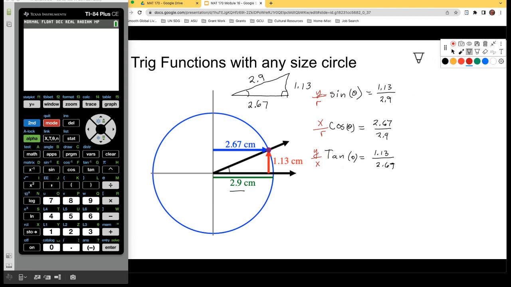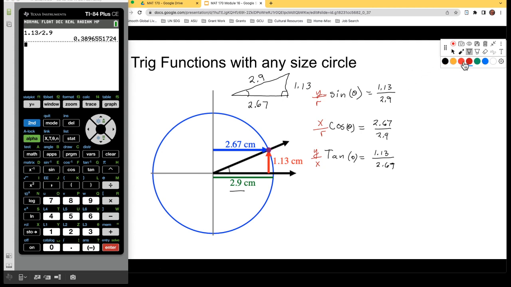And so we could calculate these, and all we do is 1.13 divided by 2.9. And that is the value of the sine of the angle.